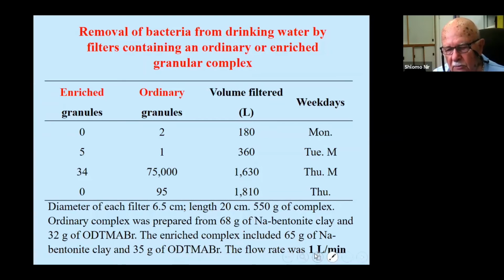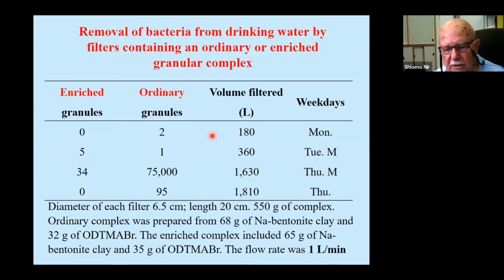The flow rate was 1 liter per minute, so we designed this enriched complex, and we had filters with enriched granules, in duplicate, and here the ordinary complex. The results are the average of 2 duplicates. The procedure was, during the day we passed 880 liters during 3 hours.